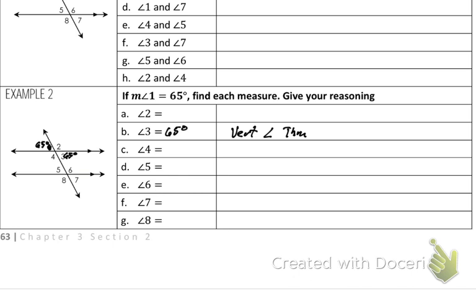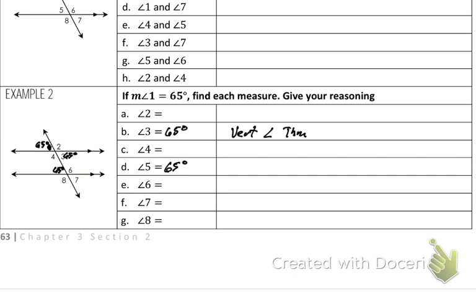If 3 is 65, does anyone see another one that's also 65? Or looking at 65 here, 5? Do you agree that 5 is 65 degrees? Okay, so let's talk about 5 being 65. I agree with it. Can we all look up here real quick?